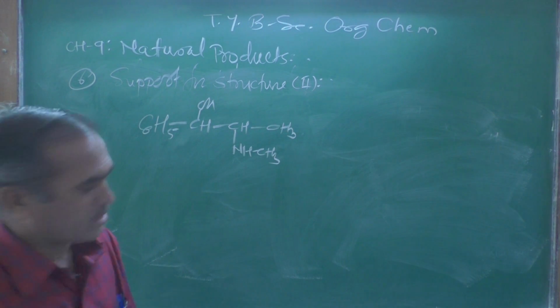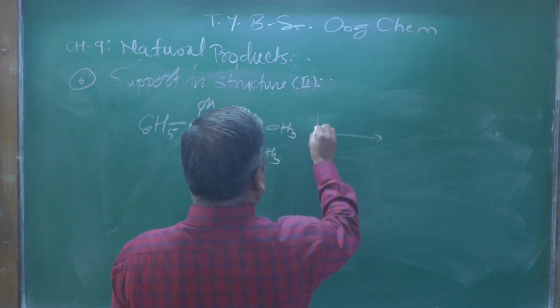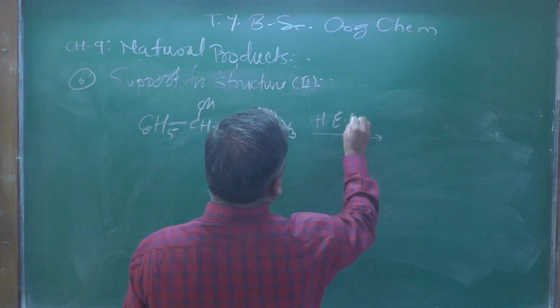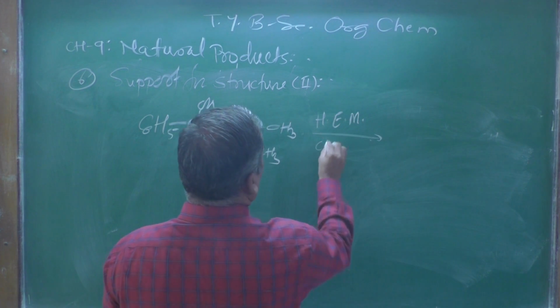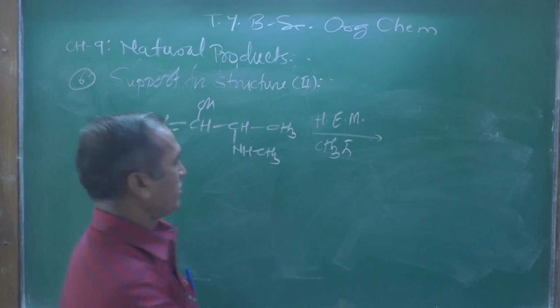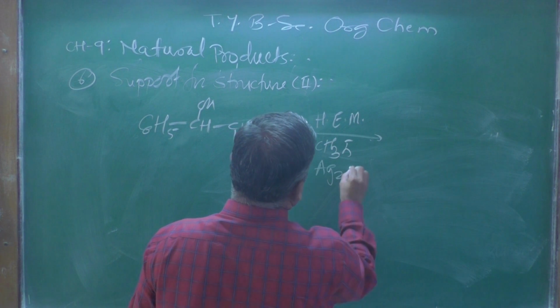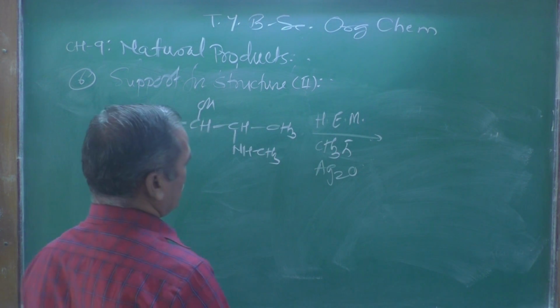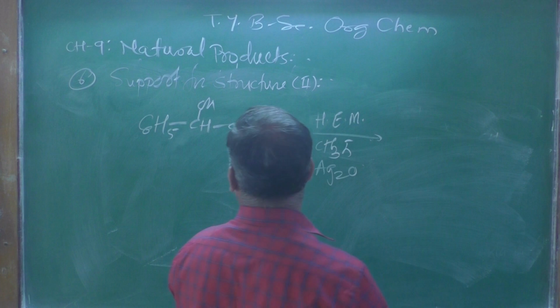If you treat this compound with Hofmann exhaustive methylation, that is methyl iodide in presence of moist Ag2O, what does it give?